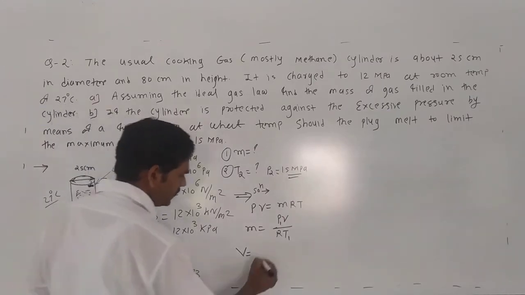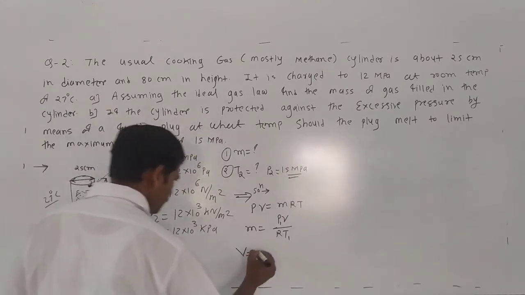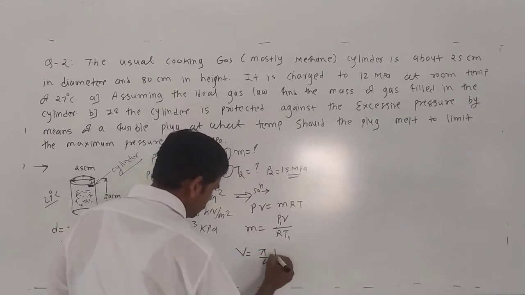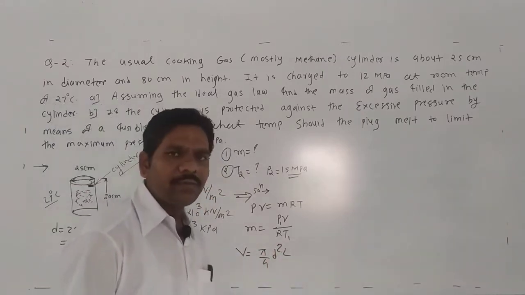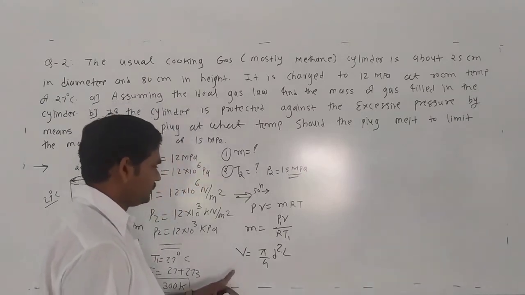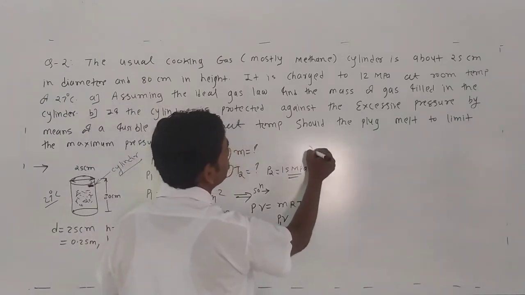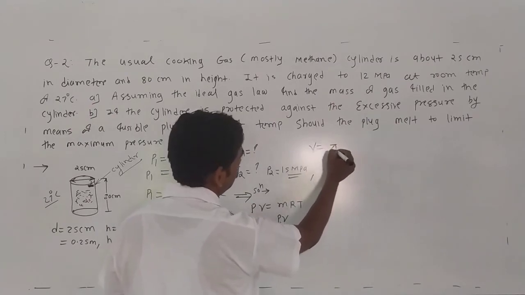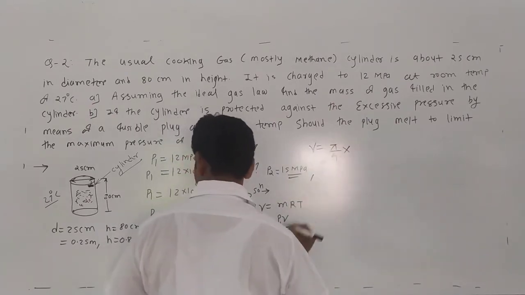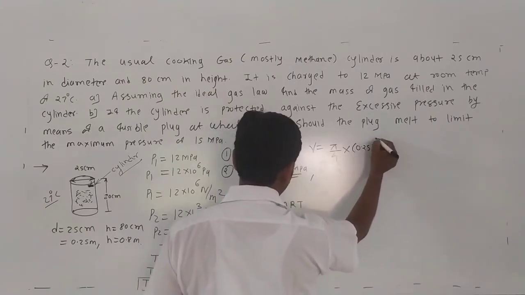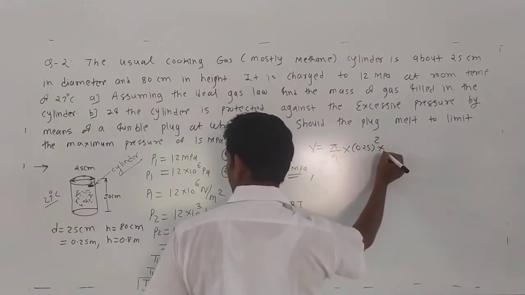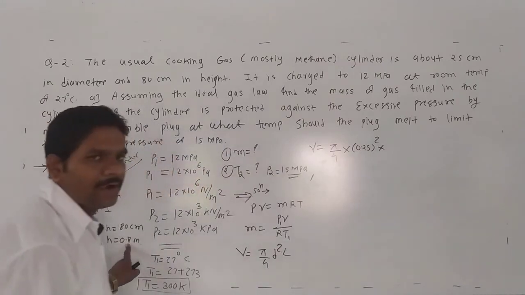V is equal to pi by 4 d square into L. This is the standard formula which is used to determine the volume of cylinders. So just put the values. V is equal to pi by 4 d, how much d? 0.25 square into L. L means nothing but the height of the cylinder.